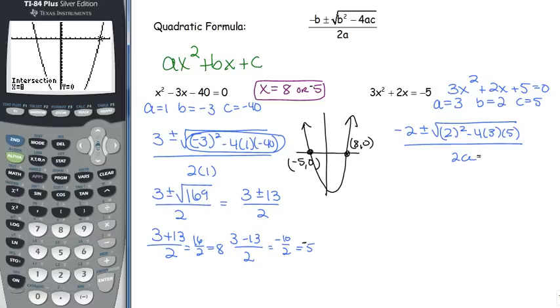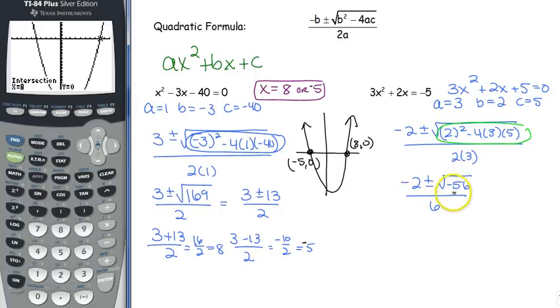Remembering your first step is always just to show the substitution. So we plug in our a, our b, and our c value everywhere, making sure that we don't skip that so that you get all your points. Next thing we want to do is simplify this number underneath the square root sign. So we got negative 2 plus or minus the square root of a negative 56.